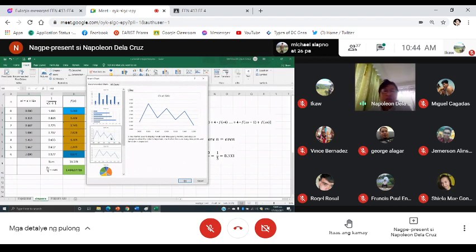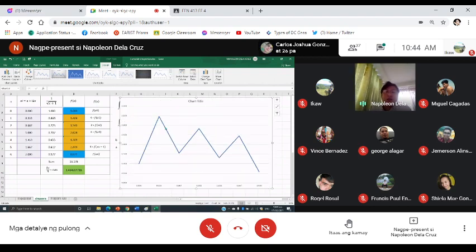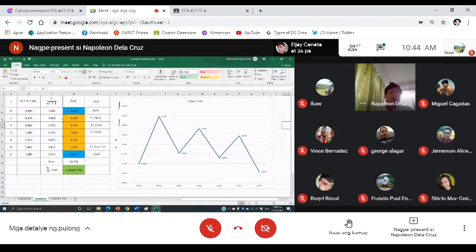Okay, ano bang diferensya? Okay, mas maganda to. Yan ang ating chart. Okay, pwede ninyong ilagay, insert, add data labels. Ayun ang mga labels. Ayan, supposedly, ayan yung ating graph.